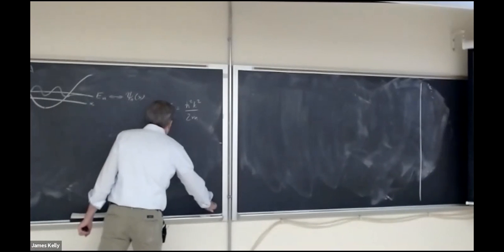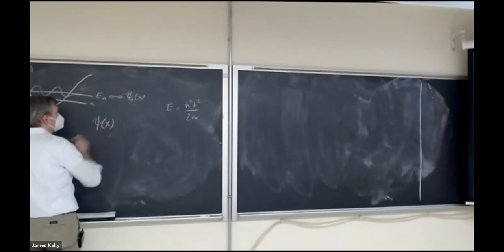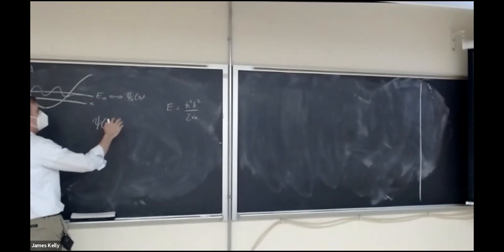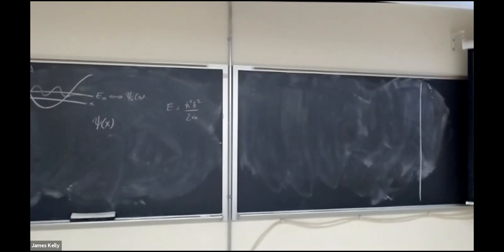We know the standard operating procedure is if you've got some solution to the time independent Schrodinger equation and you want to make it time dependent, that would mean I'm going to make it into a full separable solution.